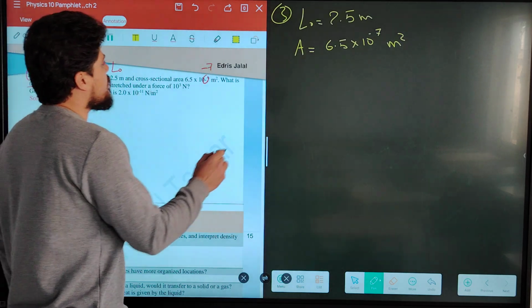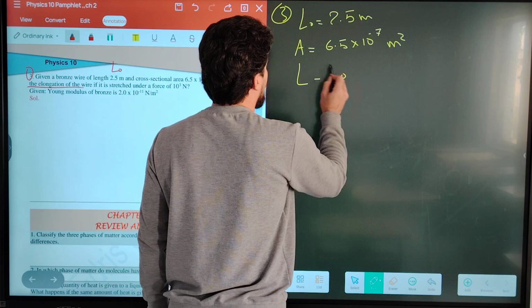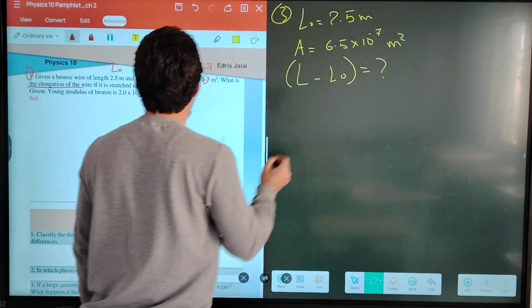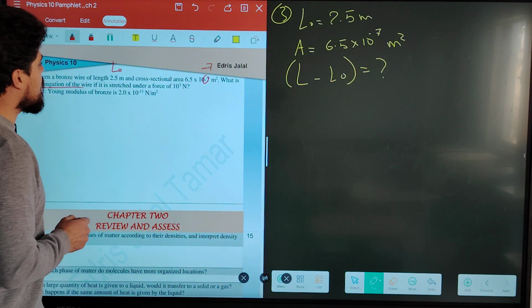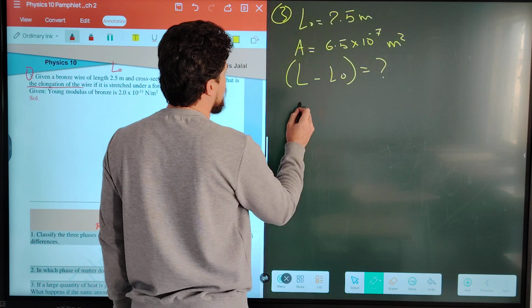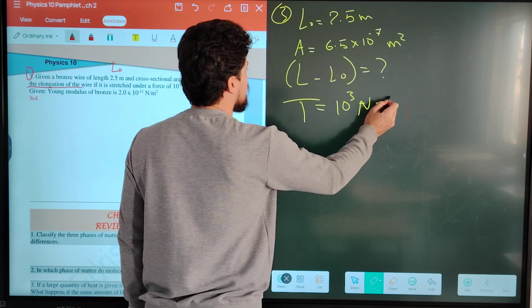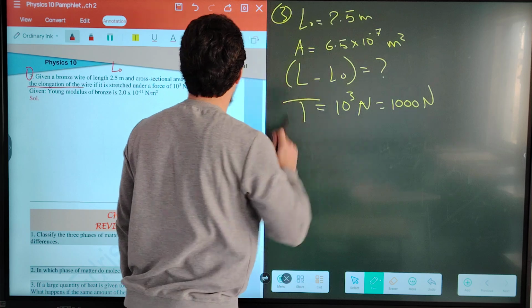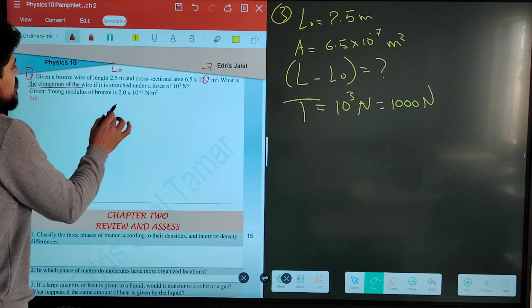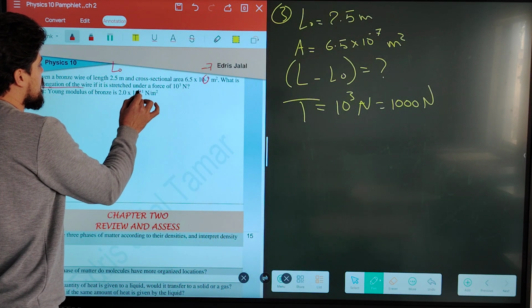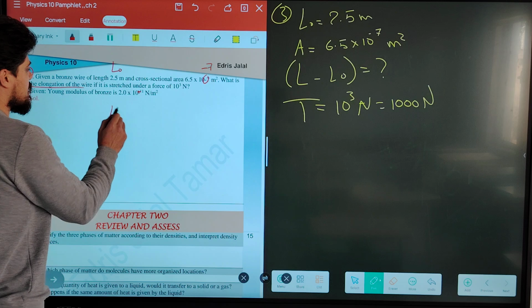What is the elongation of the wire? What is unknown? Elongation of the wire, if it is stretched under the tension of 10 power 3 Newton, which is equal to 1000 Newton, okay? Young's modulus was given as 10 power positive 11, not negative, guys.